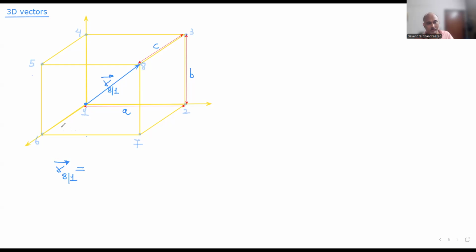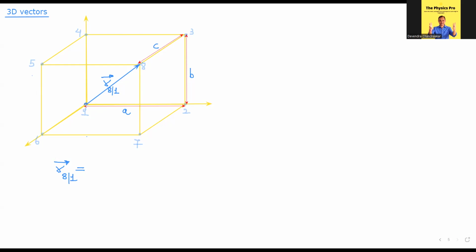Yes, sir. Now, how to show this vector as a sum of its components? Since it's a 3-dimensional vector, its components will be along all the 3 axes, x, y, and z, right? So the easiest way to do it is you move along the edges of the cuboid starting from 1.